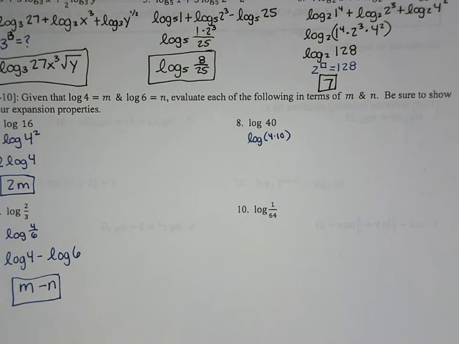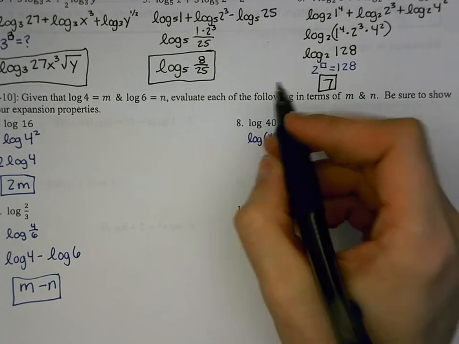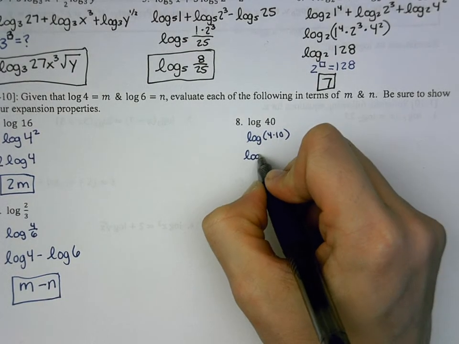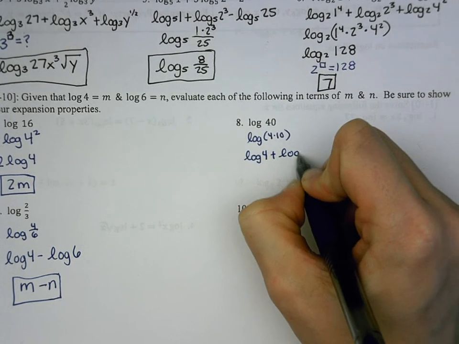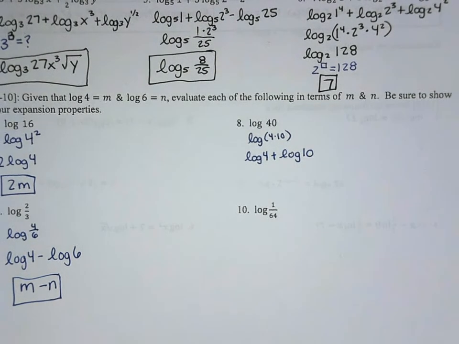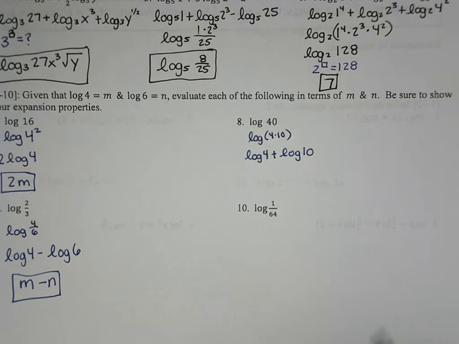Well, still can't plug in m yet because it doesn't say log base 10 of 4. It says log base 10 of 4 times 10. So I'd like to somehow get that 10 to go away somewhere. Well, I know that two things multiplied inside of a logarithm could be rewritten as matching logarithms that are being added. Well, and then lo and behold, what do we notice here?